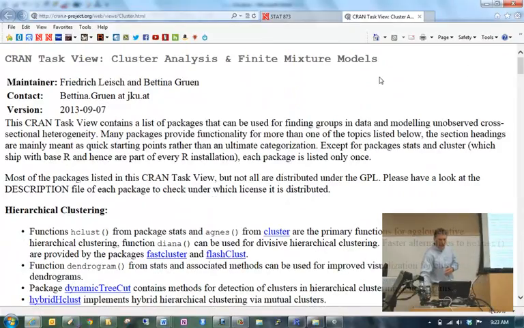Whenever there's, let's say, a big topic area where people are using R to solve particular statistical problems, you will see what are called task views set up on the CRAN website, corresponding to all the particular packages that focus on that particular statistical method. And that's what this cluster analysis one is meant for.